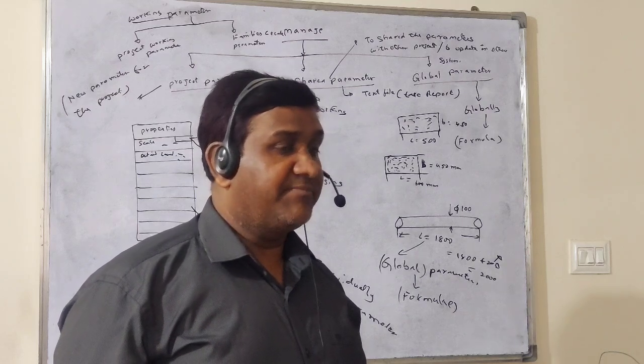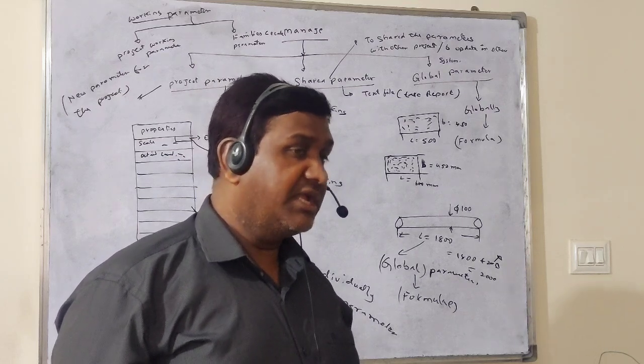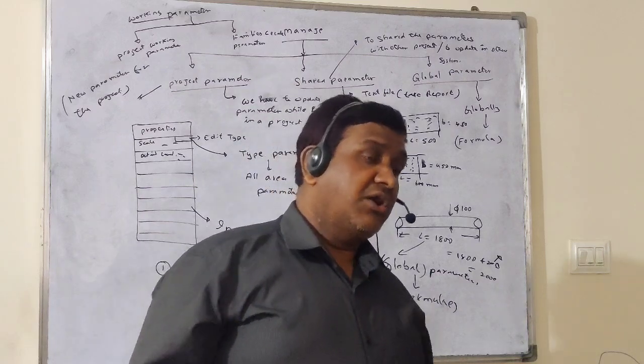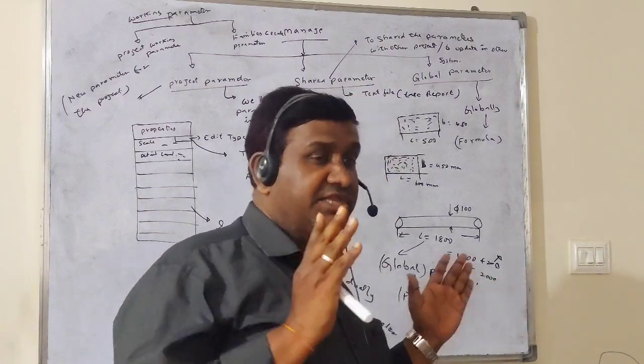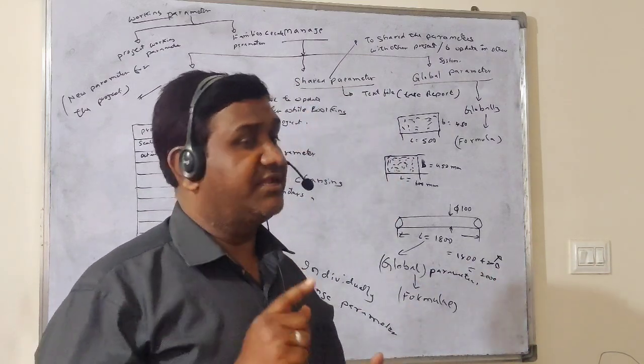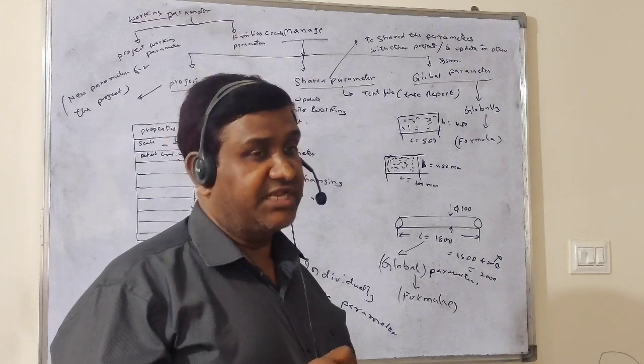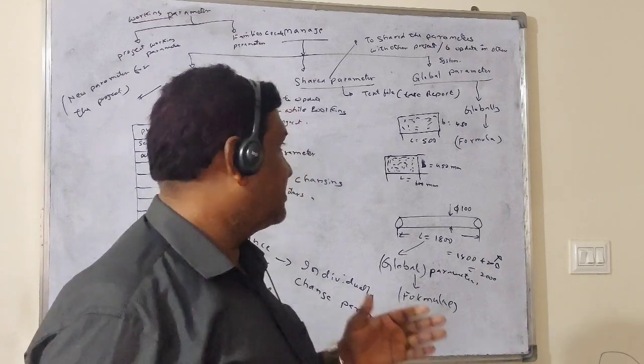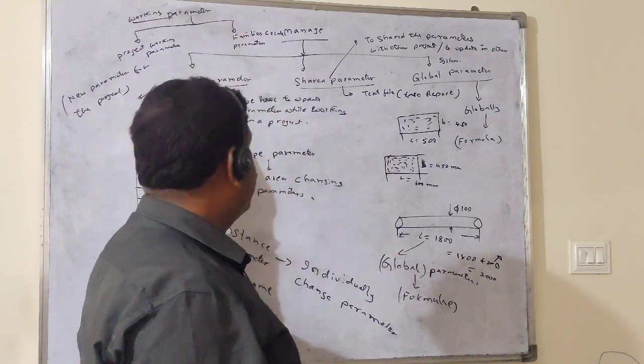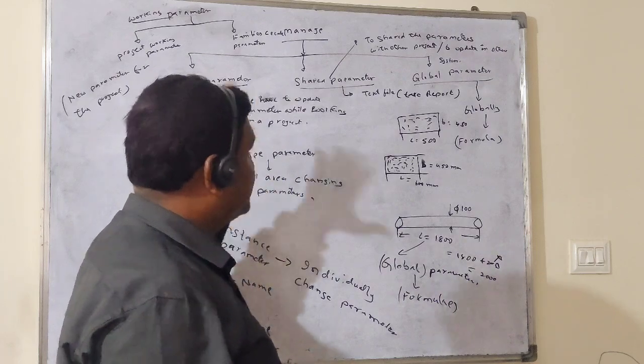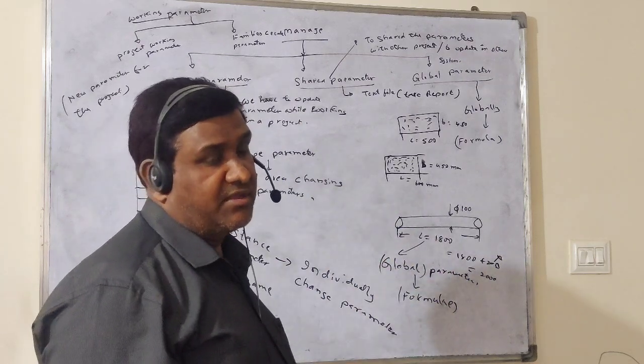Type parameters update many entities, but instance updates only a single, individual entity. So in those parameters also we have project parameters, shared parameters and global parameters.